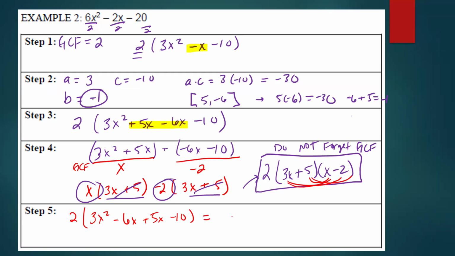Keep going. And distribute the 2. So you give me 6x squared minus 12x plus 10x minus 20. And does that come back to my original problem in box 1? Well, step 1. Yes.